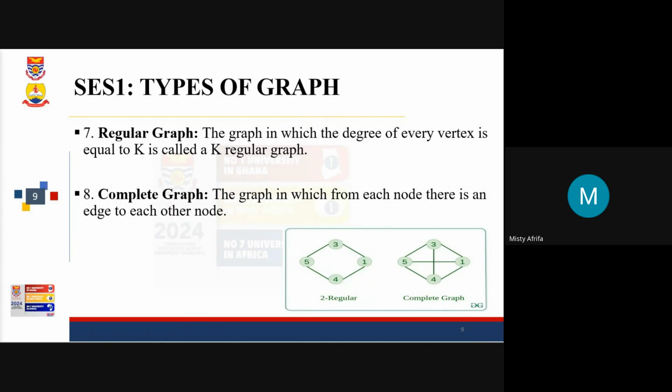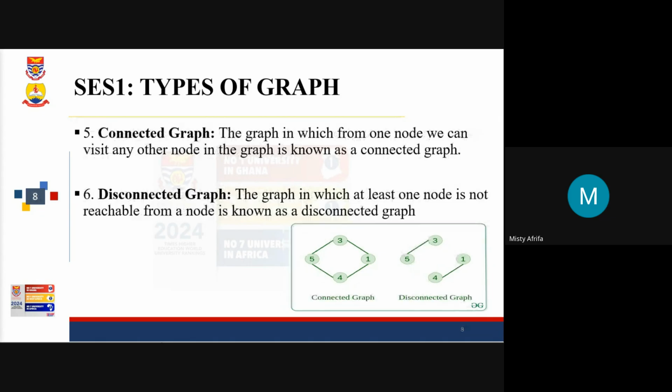Is there a relationship between the undirected graph and the connected graph? When you check the connected graph and the undirected graph, it seems they look alike.